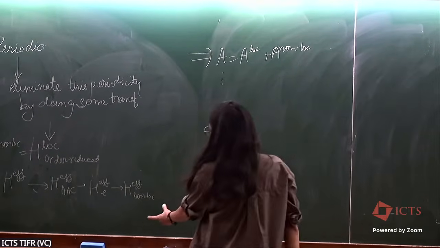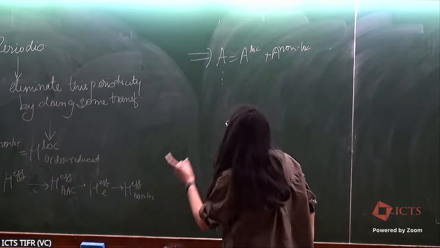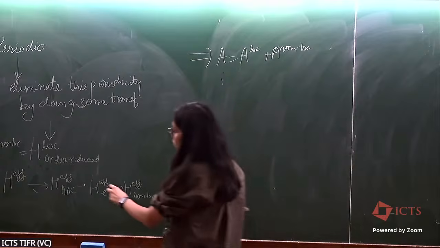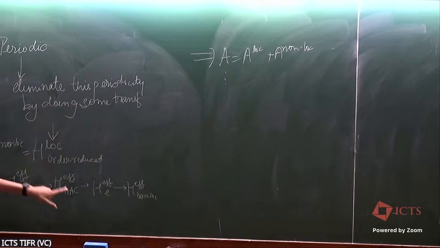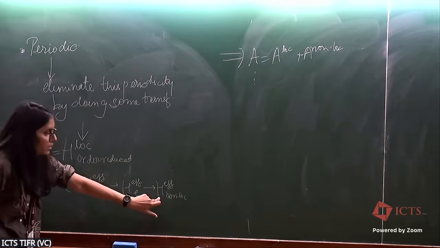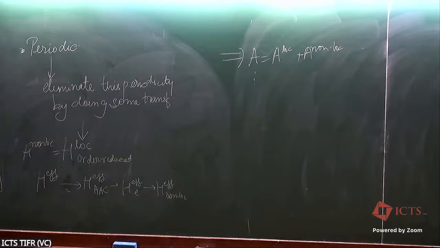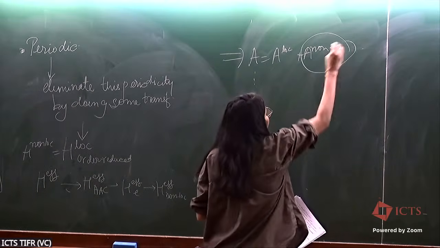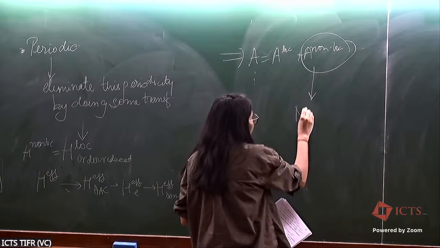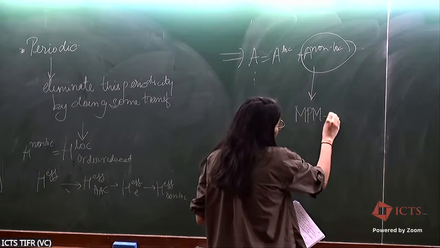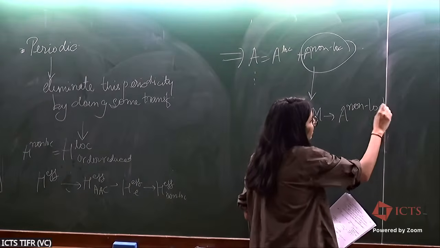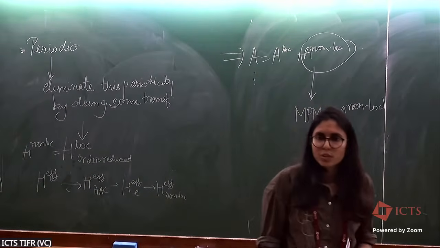So this H effective non-local will only depend on this A non-local piece. Once I match this non-local piece with the real non-local piece using the energy map that I have here, I should be able to exactly obtain the non-local A information. So MPM gives the A non-local piece information.